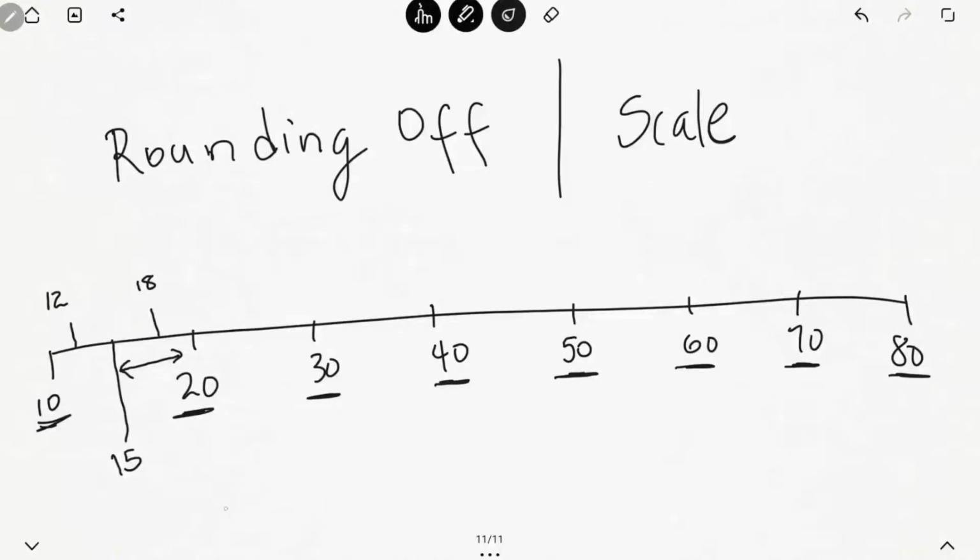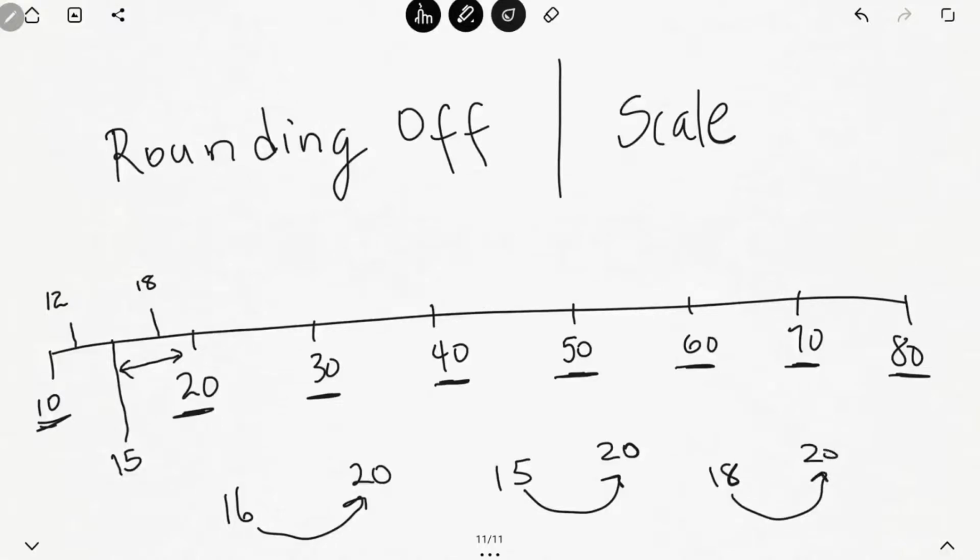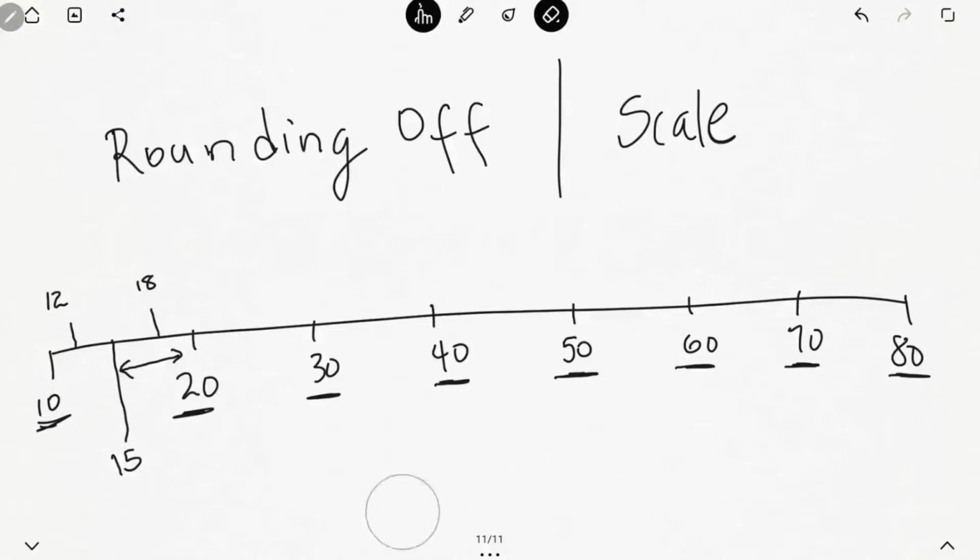For example, if we have the number 16, the closest 10 would be 20. If we have the number 15, the closest 10 would be 20. If we have the number 18, the closest 10 would be 20. So any number from 15 to 20 would be rounded up. If we round up to the closest 10, the closest 10 would be 20.